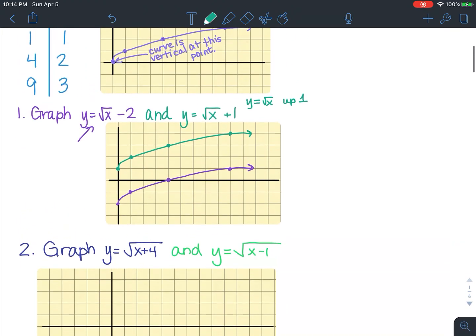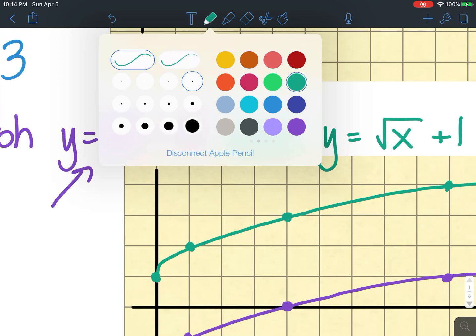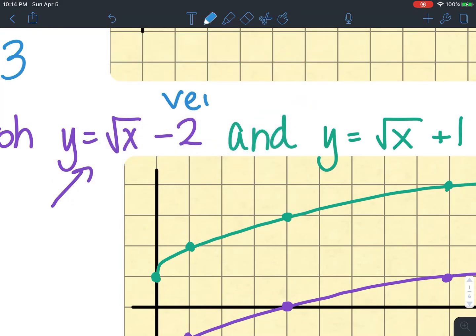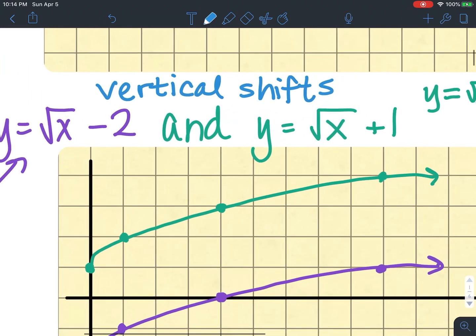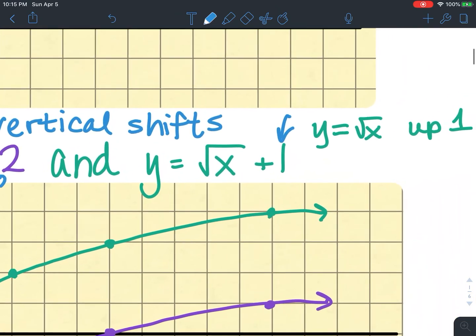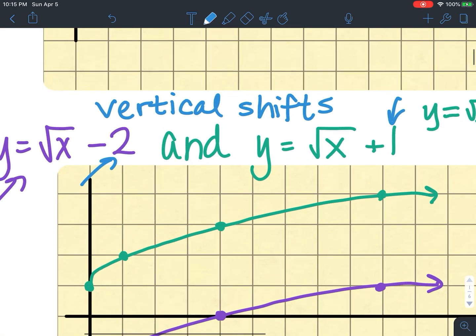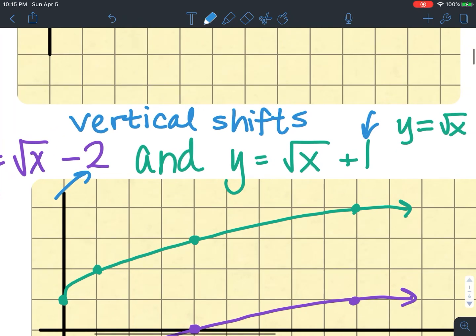All right. So these were, of course, vertical shifts. I probably should have said that. And notice where the extra numbers are. They are outside of the square root sign. Outside.